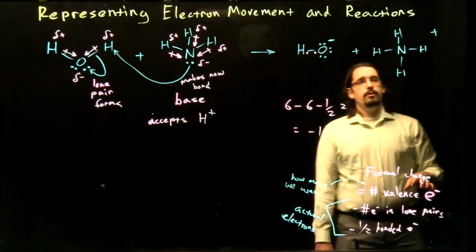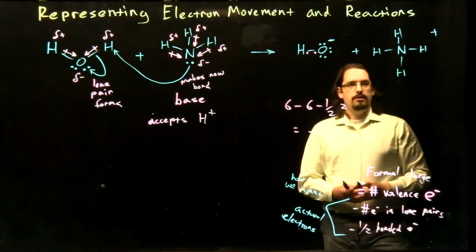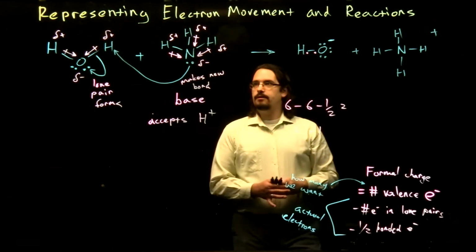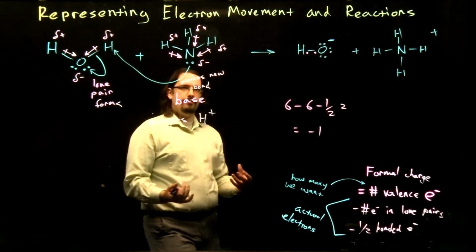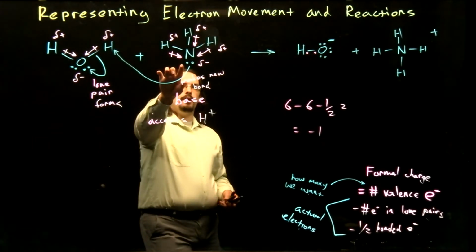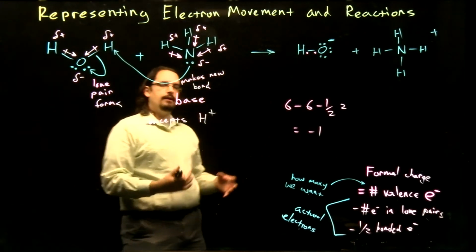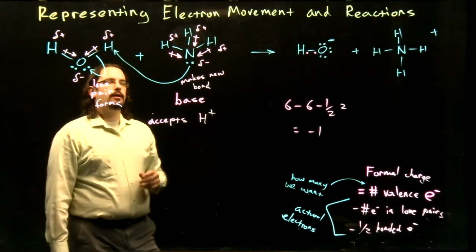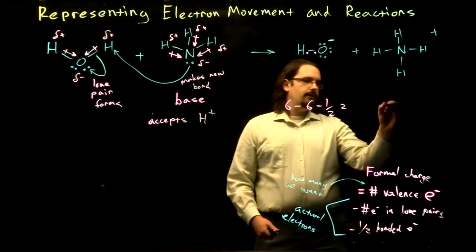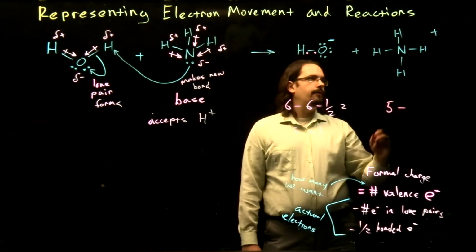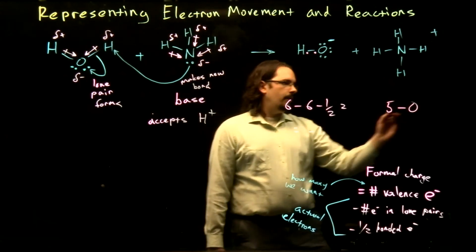As we go over here to our ammonium ion, our nitrogen normally would expect to have 5 electrons, right? Nitrogen normally has 5 valence electrons. It's in group 5A. So here in ammonia we can see it has those 2 in the lone pair, and then it would have 1 each in these bonds that it's sharing with our hydrogens, 1 from the nitrogen, 1 from the hydrogen. So we take those 5 valence electrons that we would expect to have. We don't have any lone pairs here, so our nitrogen doesn't have any electrons from those.